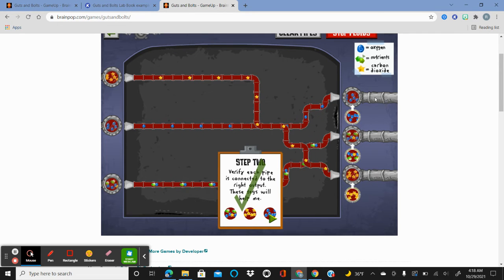Well, the oxygen is coming out. Carbon dioxide coming out. The one that has all three of them comes back out again. That's pretty straightforward and simple, but that's to get you started. And step 2 is just to get you paying attention to these molecules.